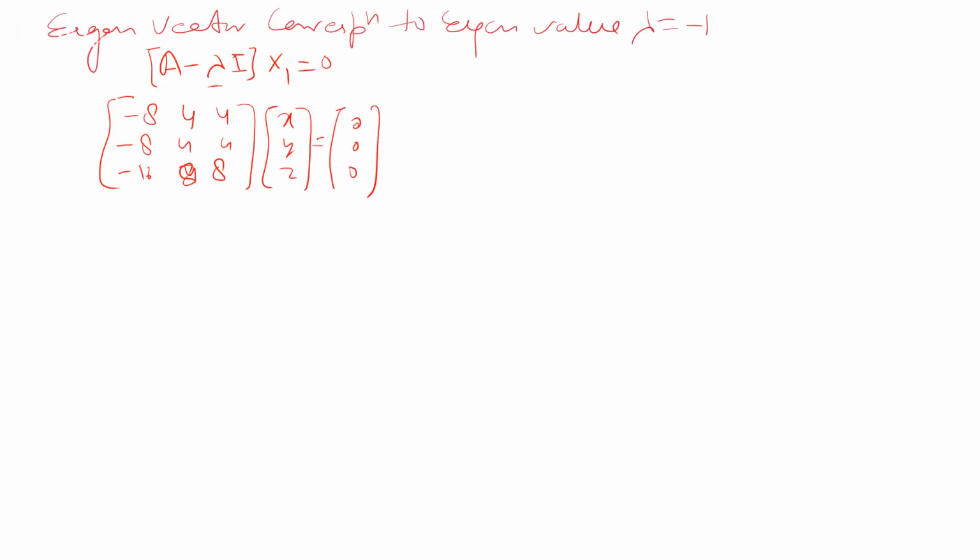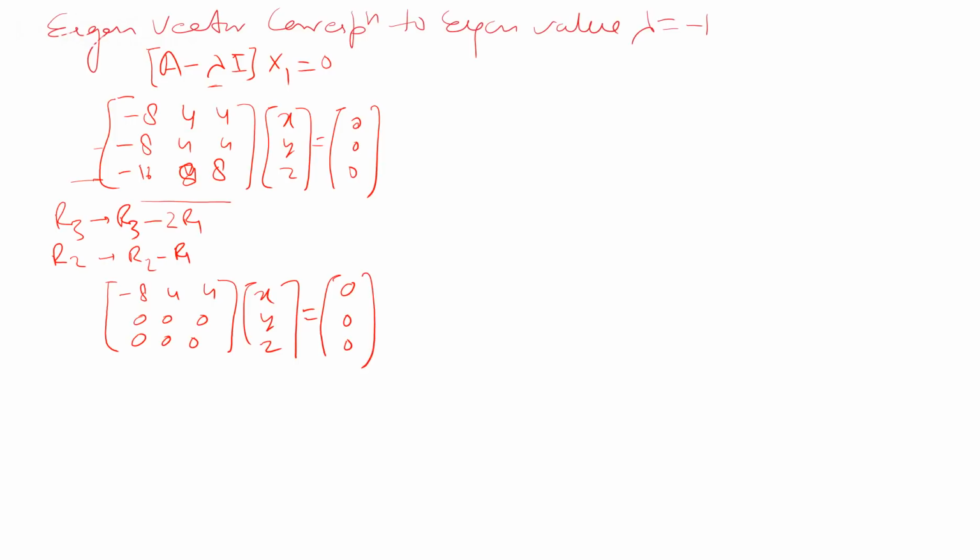Here you have to see that in this coefficient matrix the rows are similar, so we apply the operations r2 minus r1 and r3 minus r1, and we get minus 8 4 4, 0 0 0, 0 0 0.